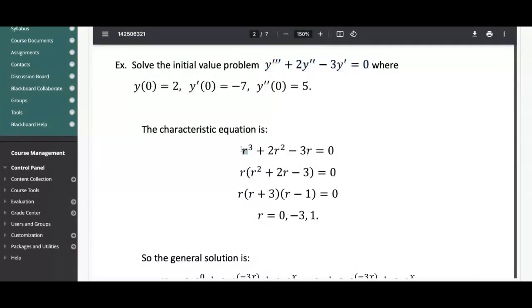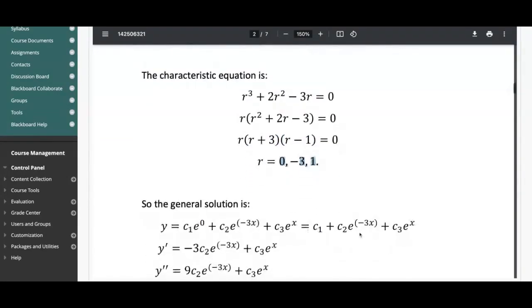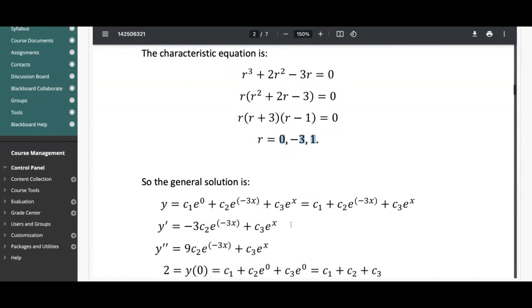So again, the characteristic equation is r cubed plus 2r squared minus 3r equals 0. Because e to the rx can never be 0, we skip that step. Factor r, and we get 3 distinct real number solutions.